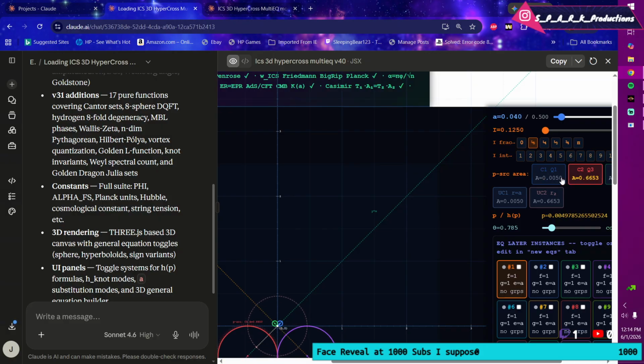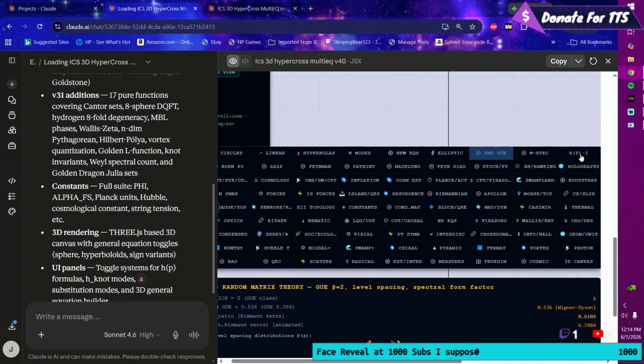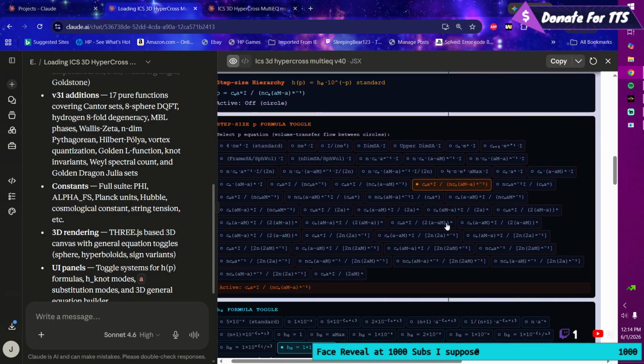And then the P. Sorry, this is just quick options for when you see the areas with E in the step size factor. So you see the pi E squared. That's what it's referencing.